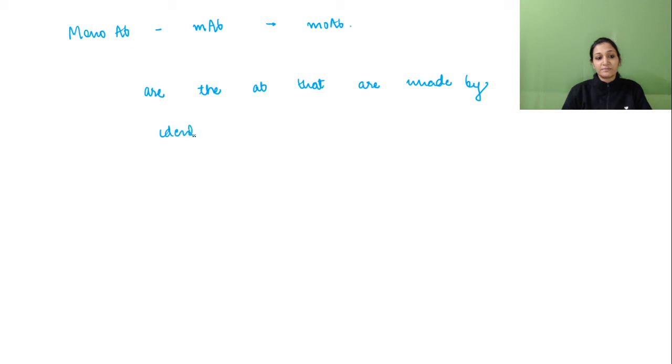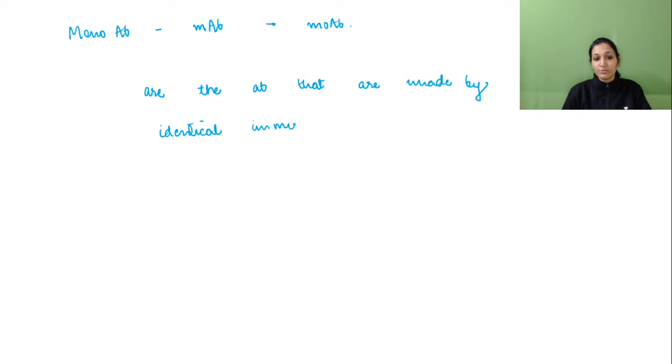So let us see what monoclonal antibodies are. Monoclonal antibodies can be written as mAb, or it can also be written as monoclonal antibodies. These are the ways in which it can be represented or given in the question, right? So monoclonal antibodies are the antibodies that are made by identical immune cells.